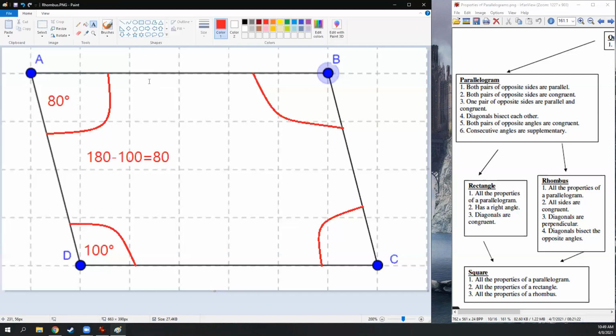Well, we can keep going, right? If you keep tracing it around the figure, from A to B, A and B are consecutive angles, next angle, and they add up to 180. Well, if this is 80, and these two add up to 180, then I just do 180 minus 80, right?